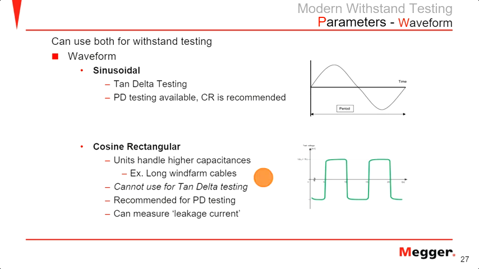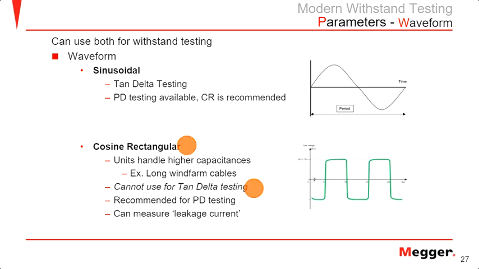Cosine rectangular waveforms can handle higher capacitances. So if you're doing testing on wind farm cables, which are kilometers or miles long, then typically you would have a very high capacitance that you are dealing with. In that case, cosine rectangular can handle those kinds of capacitances.